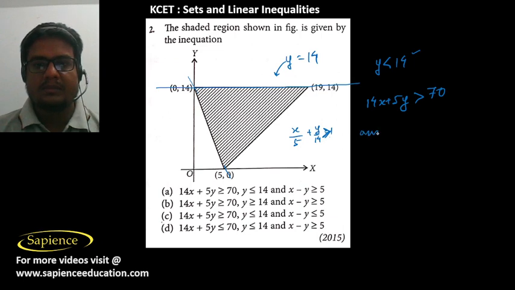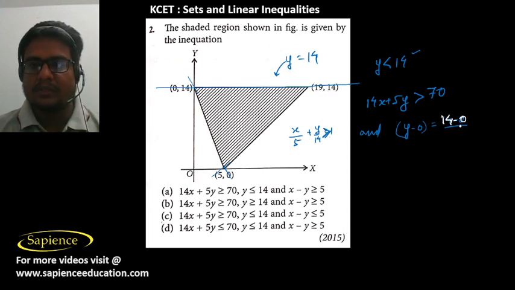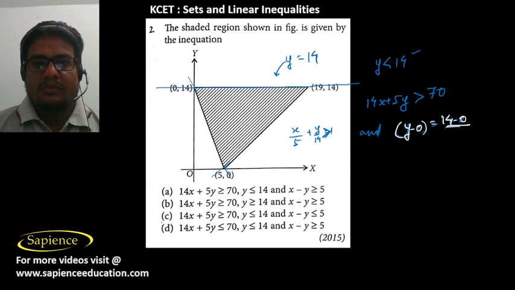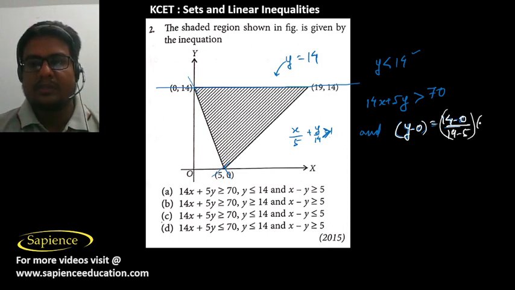And this inequality is, which is y minus y1 equal to m, which is 14 minus 0 by 5 minus 0, that is y2 minus y1 by x2 minus x1, into x minus 5.